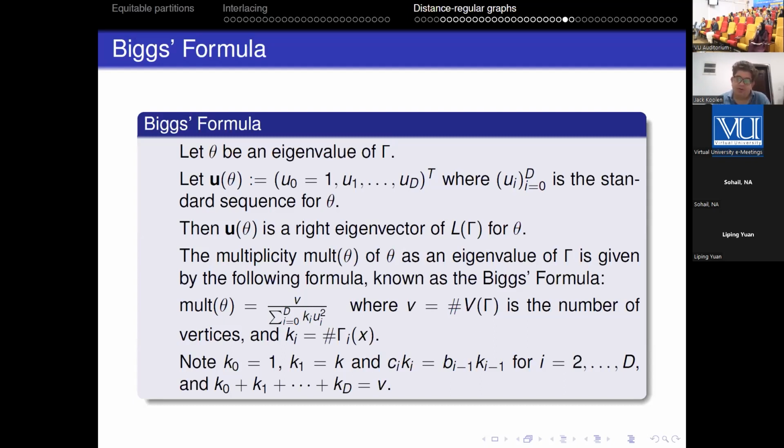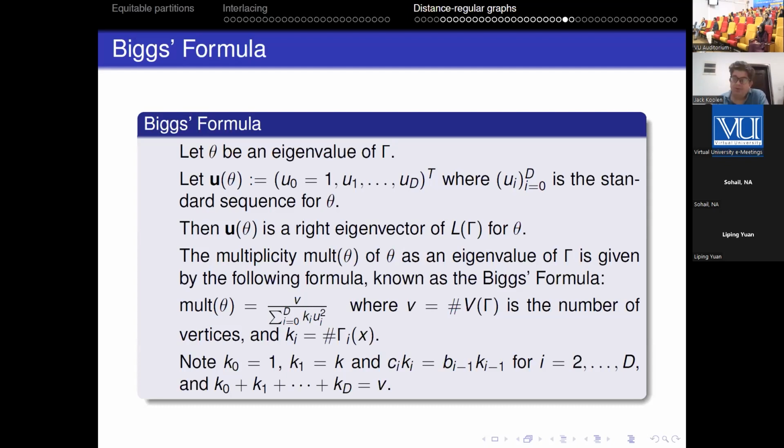So you don't have to know the distance-regular graph to calculate the multiplicities of your distance-regular graph. If it does exist, then these are the multiplicities. But if the multiplicities are not integers, then the distance-regular graph cannot exist. If the multiplicities are negative, the distance-regular graph cannot exist.